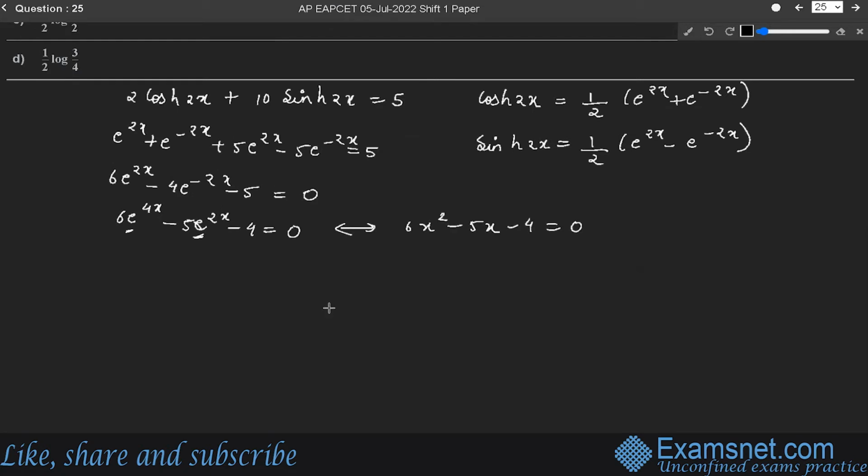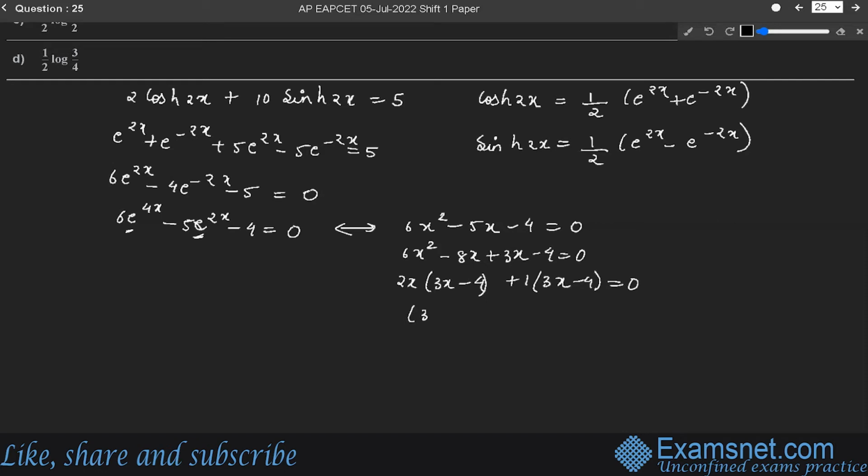By splitting the middle term, it will be 6x² − 8x + 3x − 4 = 0. Taking 2x common from the first two terms, it will be 3x − 4. Taking 1 common from the next two terms, it will be 3x − 4 = 0.